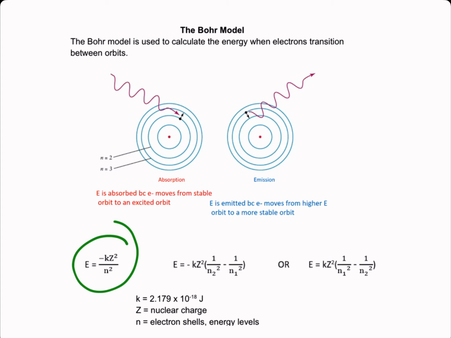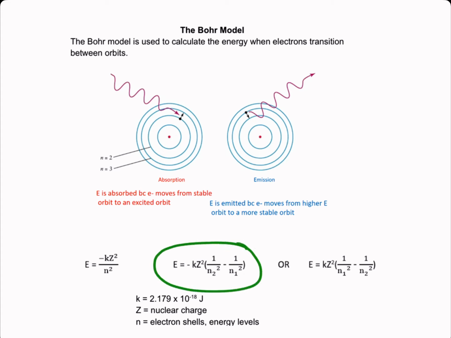Now we use this formula when we're talking about one electron that doesn't transition. However, when the electron transitions, the same formula gets expanded to include the different energy levels. And so we use this formula to describe the energy of an electron that transitions between orbits.